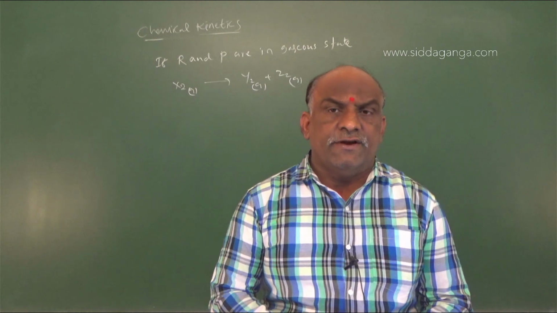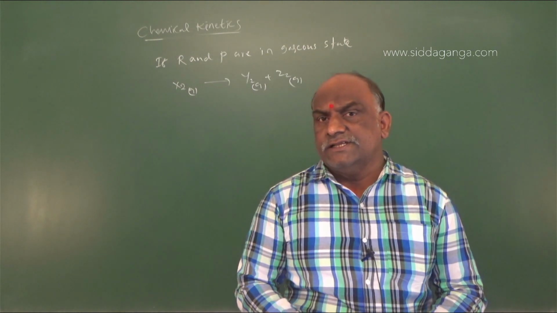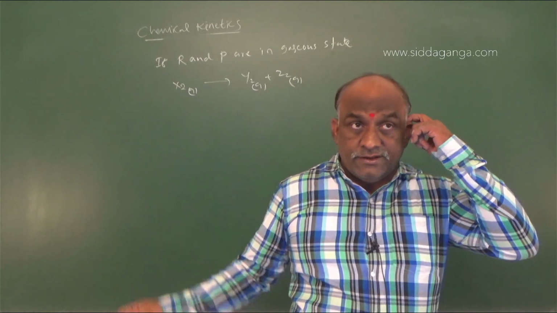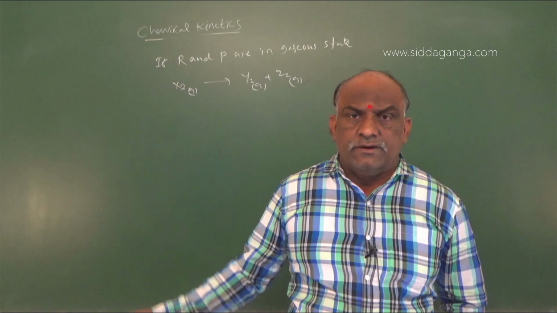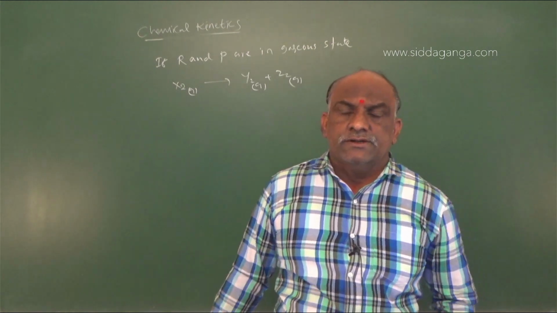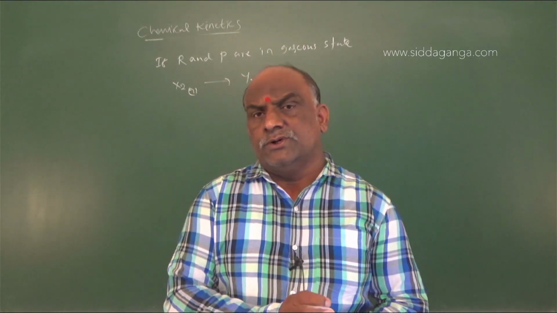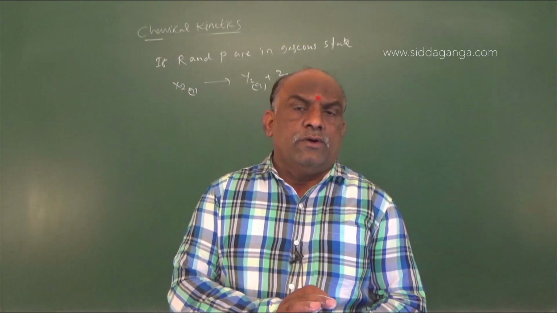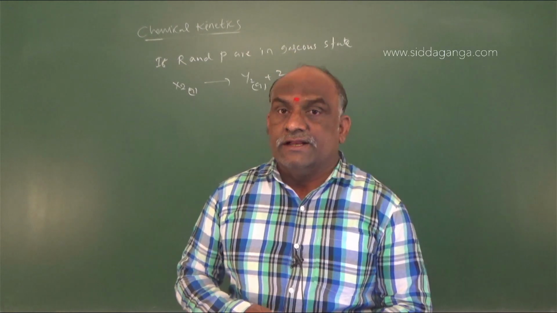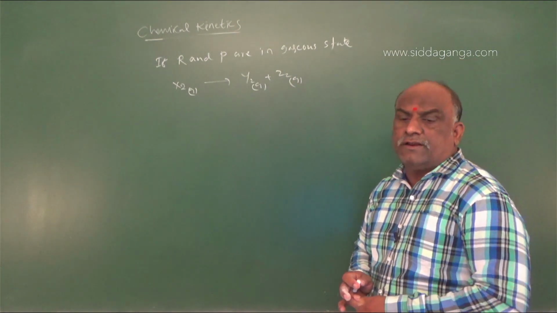Pressure factor we require for gaseous species. Because in this reaction all the species are gases, we should go with the pressure of the reactants and the pressure of the products. So with respect to pressure terms, we have to derive one formula to calculate the rate constant if the reactants and products are all in gas state.